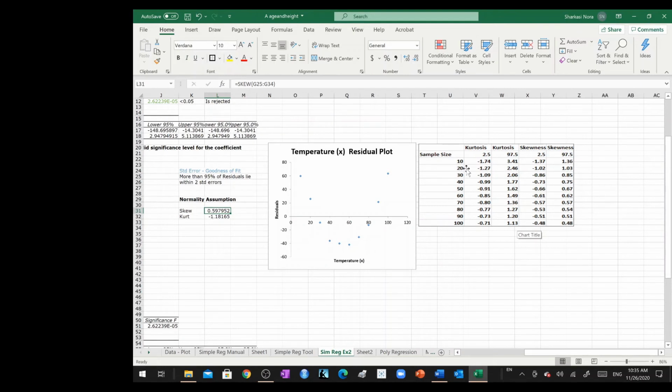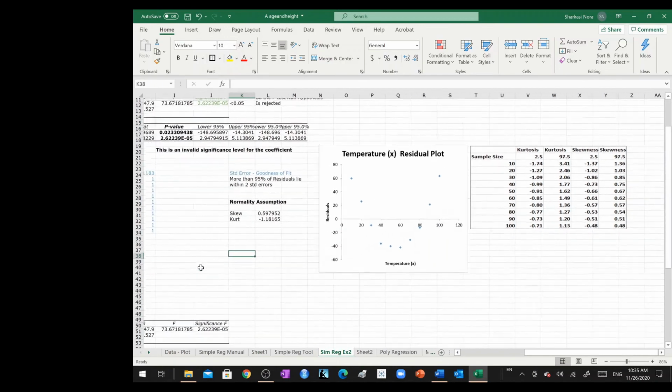It is very surprising that I got the skewness to be 0.5 for 10. So it lies within the skewness range, and the kurtosis also lies within minus 1.7 and 3.48. So if you just do this without investigating and looking at the plot, you will miss a lot of information.